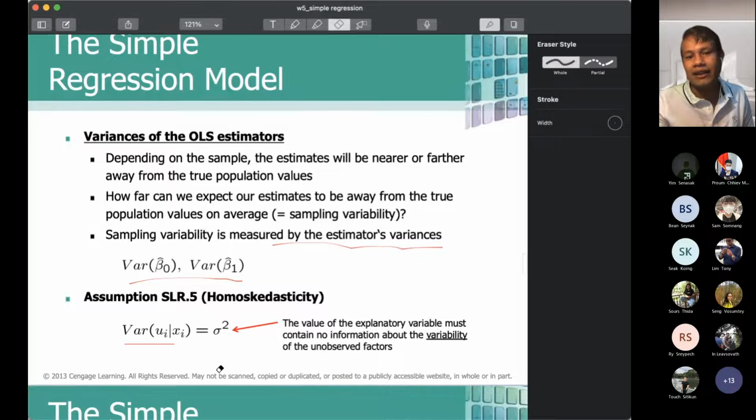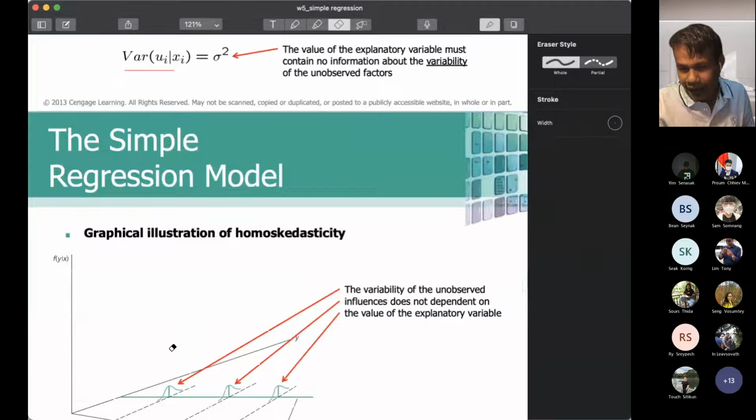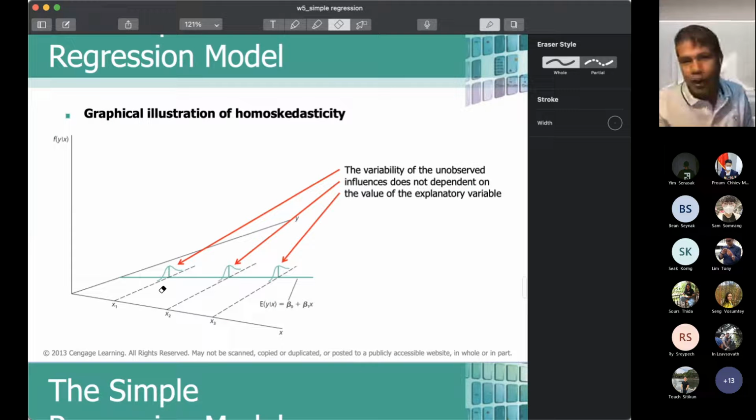What I say here is that the variance of u, so you know how you construct residual. So variance is just the spread of residual, and that spread of residual must not be conditional on x. It means that this variance here, if you look at this graph, is always constant.